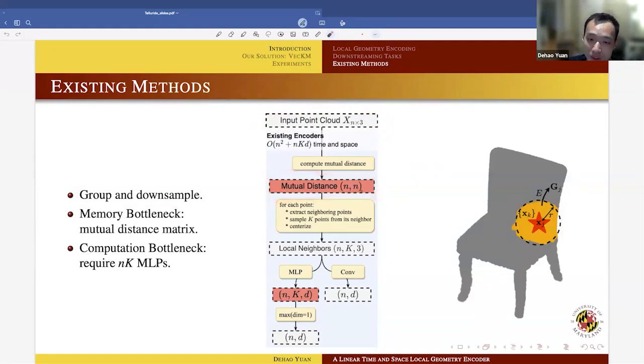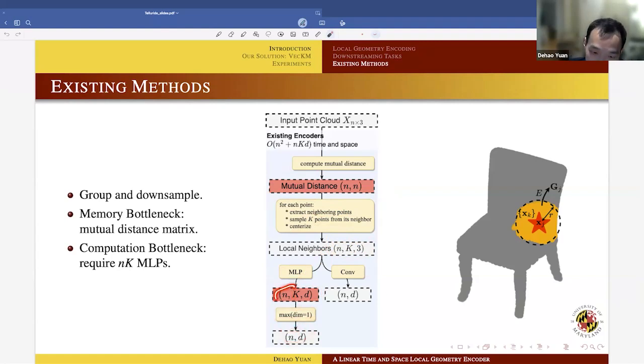After you compute this mutual distance matrix, for each point, you extract the neighboring points and sample K points from this neighborhood, and then do the centerizing, and you get an n by k by 3 matrix. Typically, it involves a multi-layer perceptron to map the n by k by 3 into n by k by d, and then do a maximum pooling in the d dimension, and it becomes n by d.